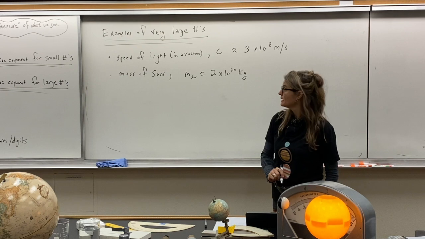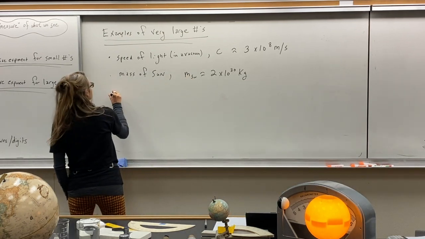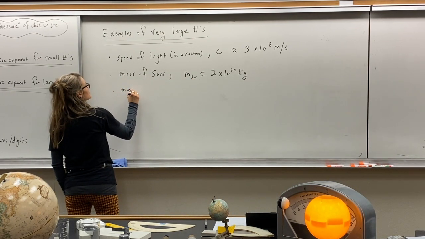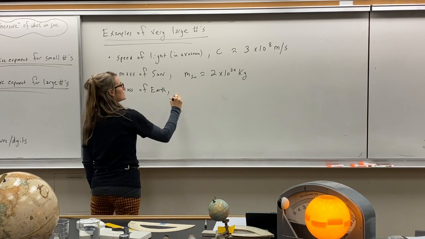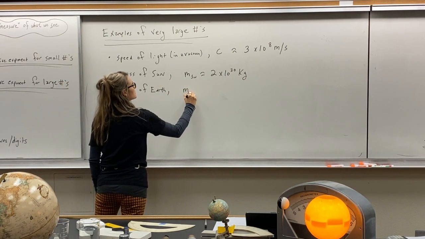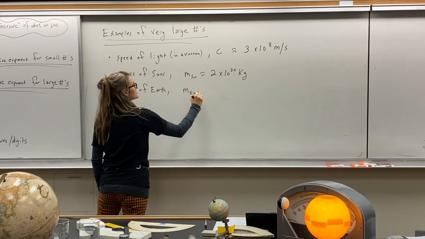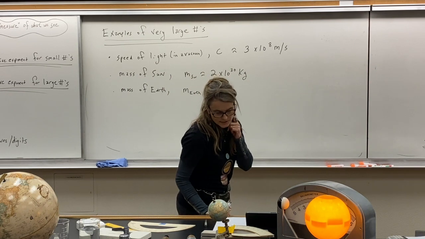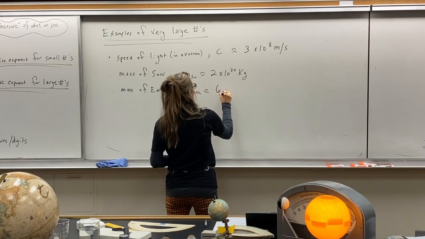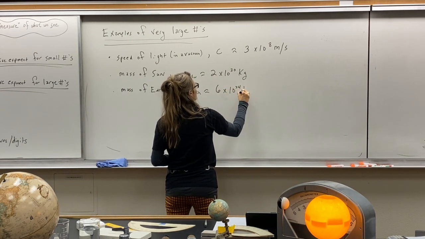That's heavy. Now, for perspective, in comparison, the mass of the Earth, which is a lot less, sometimes I just put an E on there, is 6 times 10 to the 24 kilograms.